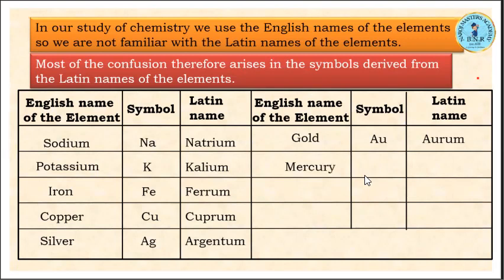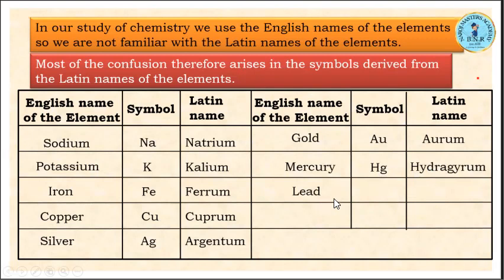Mercury: the symbol for mercury is Hg, and the Latin name of mercury is hydrargyrum. Very important. You have to remember.